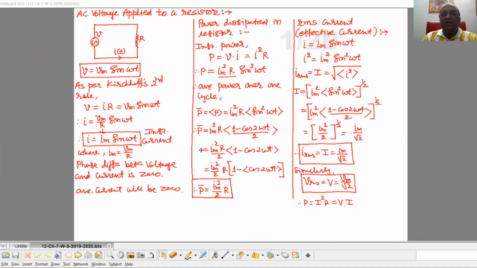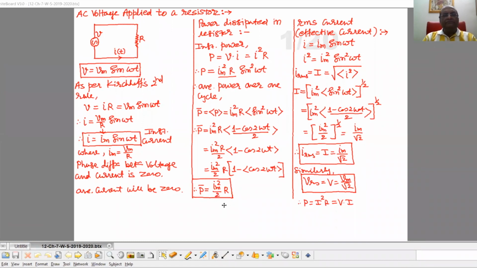So average power is Im square R by 2 into 1 minus cos 2 omega t. Here 1 is constant, so we have to take the average of cos 2 omega t. But the average of cos 2 omega t over one period is equal to 0. So simply we can write average power as Im square by 2 into R.